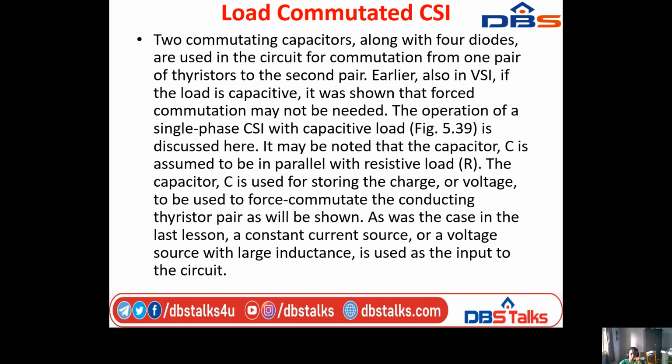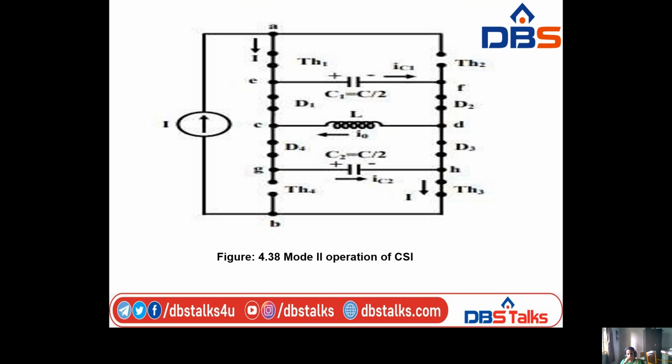So this is mode 2 operation. The current source inverter will be operated in two modes. In the first mode TH2 and TH4 will be triggered, and in the second mode TH1 and TH3 will be triggered. At the start, when TH2 and TH4 are triggered, the current flows from TH2 to D2, D2 to load, load to D4, and D4 to TH4 and the source.